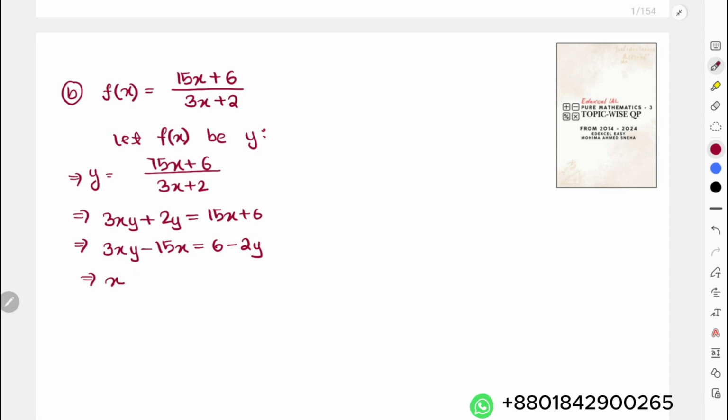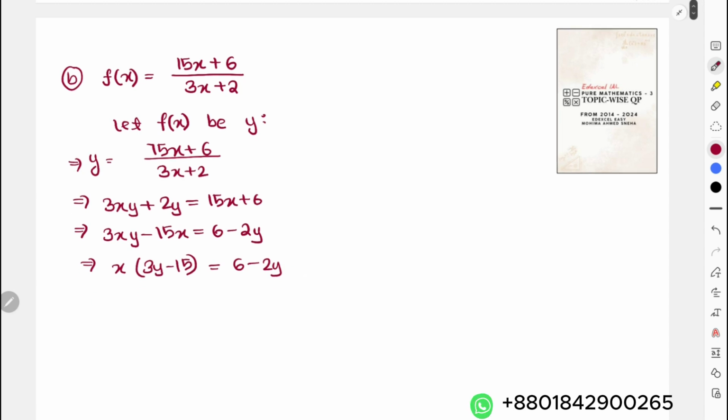Yeah, we can take x as a common factor. So from there I'll write this as x times 3y minus 15 equals 6 minus 2y, right?